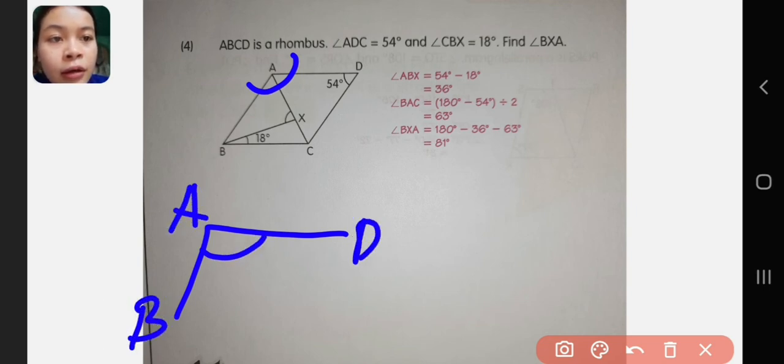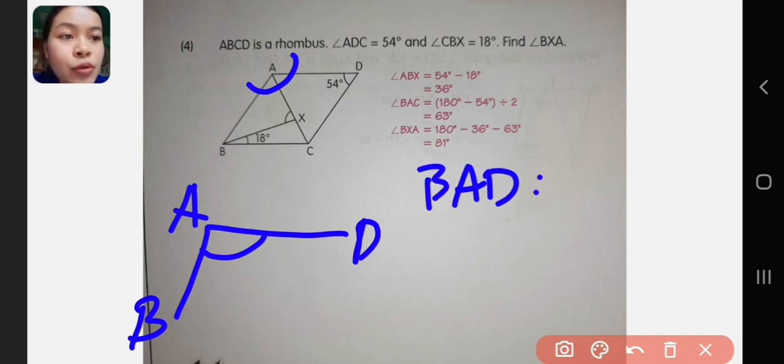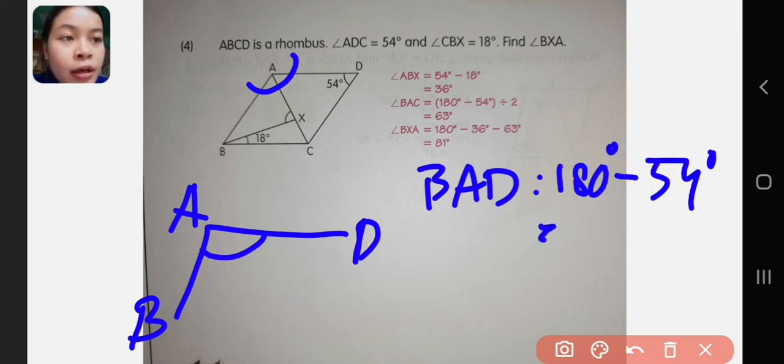Because BAD and ADC are in one line, they add up to 180 degrees. So BAD equals 180 degrees minus 54, which equals 126 degrees.